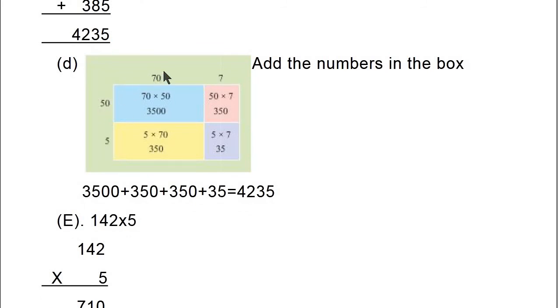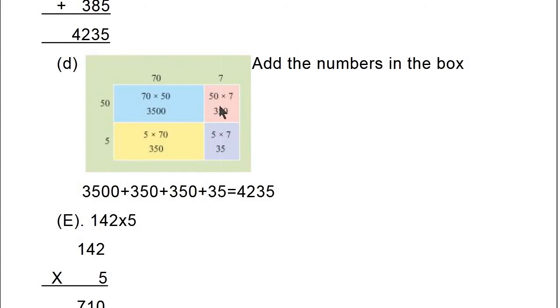Now we make the table, 70 and 7, 50 and 5. Now multiply 50 into 70, 70 into 50, 7 5s are 35 and 1 0 and 2 0, 3500. Now 50 into 7, 5 7s are 35 and 1 0, 350. Now 5 into 70, 5 7s are 35.